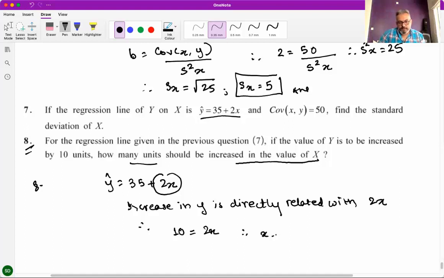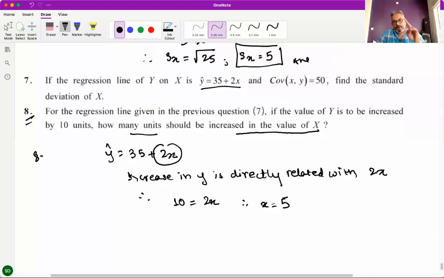Therefore x is equal to 5. Because when x increases by 1 unit, y will increase by 2 units. So if y becomes 10, what should be the value of x? x will be 10 divided by 2, which is equal to 5.